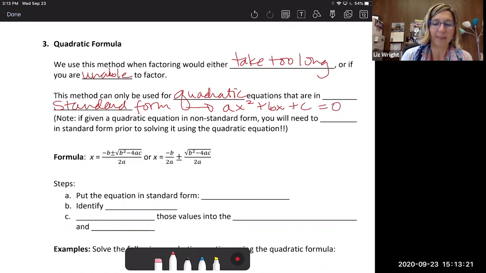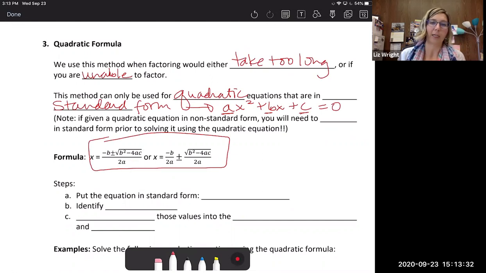We put it in standard form because, as you see below, you've got a, b, and c in your formula down here, and you need to make sure you're plugging in the right numbers. If given a quadratic equation in non-standard form, you will need to put it in standard form prior to solving it using the quadratic formula.